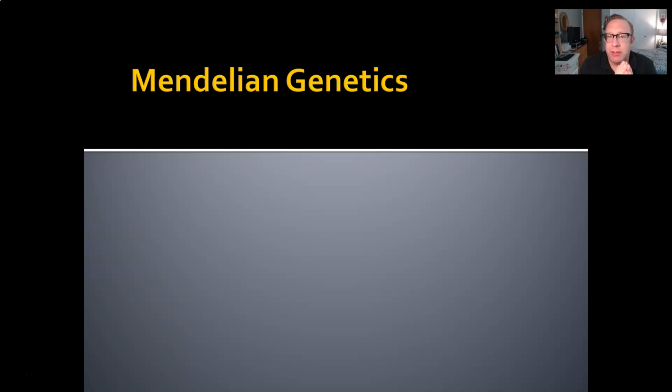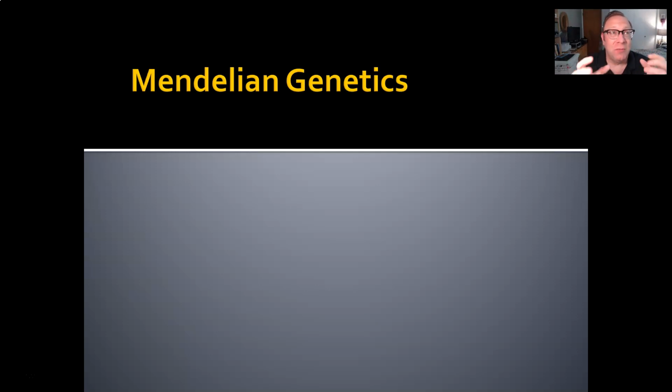Today we're going to talk about Gregor Mendel. We're going to talk about the experiments he did on peas in the 1850s and 60s, and what he discovered about the patterns of the inheritance of traits from doing this. This is information that is foundational to genetics.